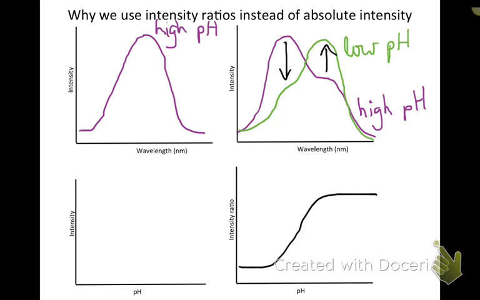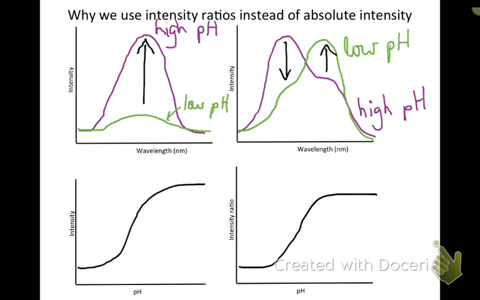So, for example, the fluorescence intensity of a pH probe may be very high at high pH, but very low at low pH. So rather than looking at a ratio of intensity at different wavelengths, we could simply measure fluorescence intensity, and as we went from low to high pH, that intensity would increase. So we could plot fluorescence intensity versus pH and get a curve that looks just like the one that we'd see by measuring ratios.